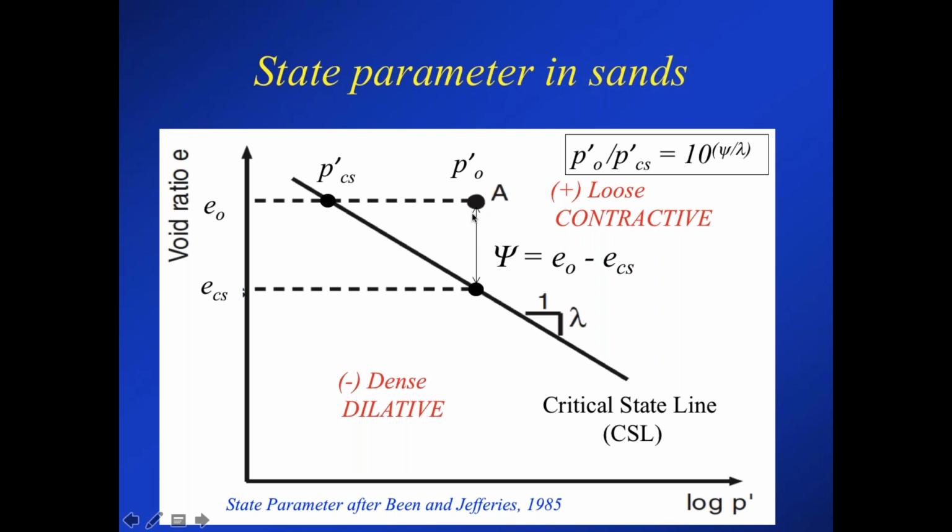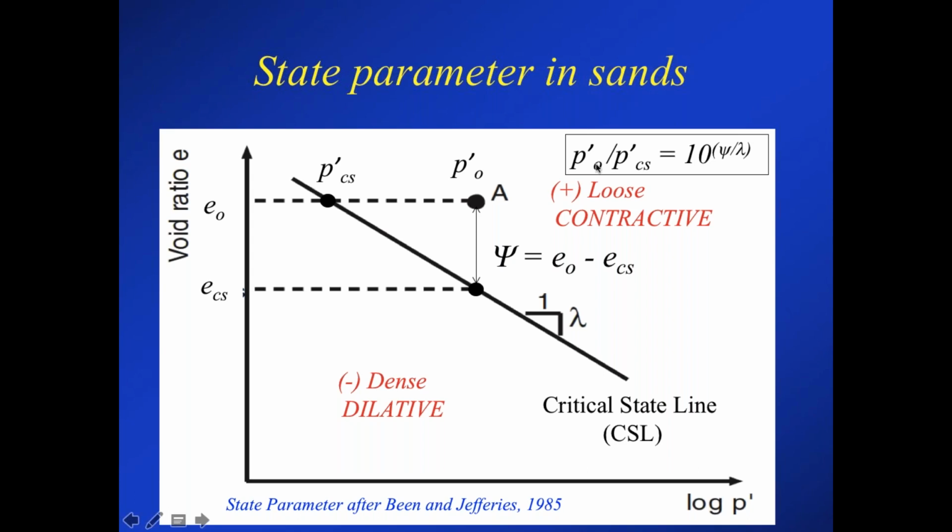The alternative approach, which one could argue would be a little more consistent with traditional practice for clays, where we talk about an OCR, which is the stress ratio. In sands, likewise, we could have defined state as a stress ratio: the mean normal stress at the given void ratio compared to the effective stress at critical state at that same void ratio.